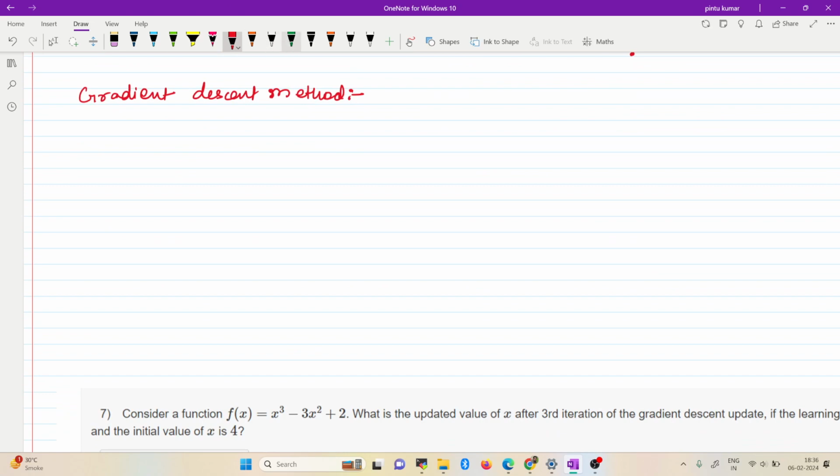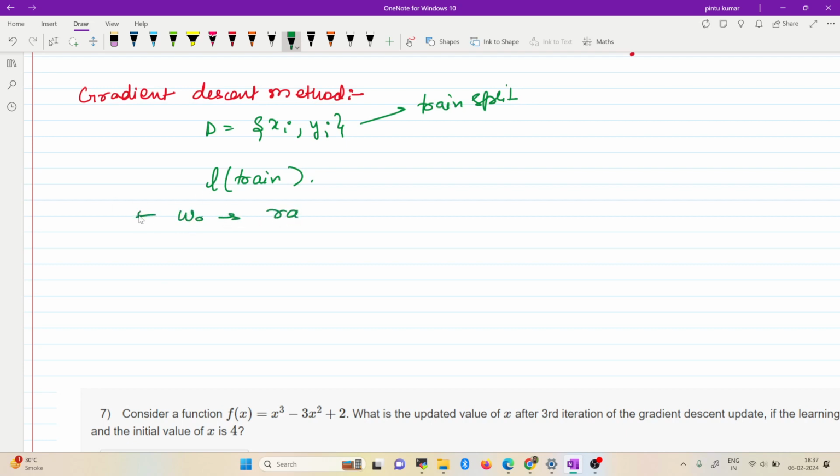Okay. So we will try to write the gradient descent method. You were given some data points. This is sort of a recap. You are given some data set. From here you obtain your train split. You define some loss function on this train split and you want to optimize this loss function. So let's say you choose W naught randomly. W naught is a vector consisting of all your weights.